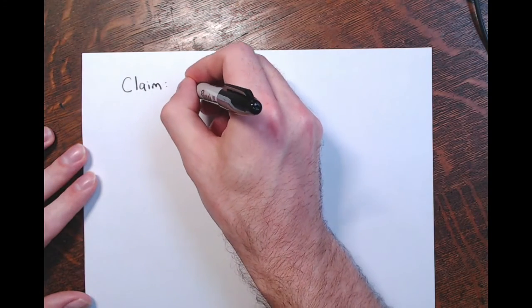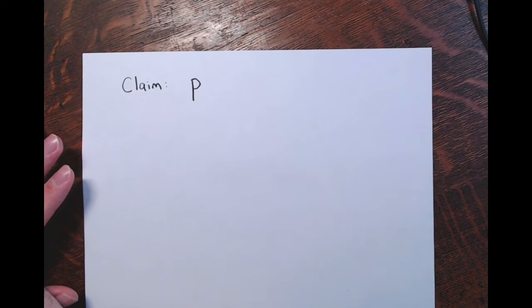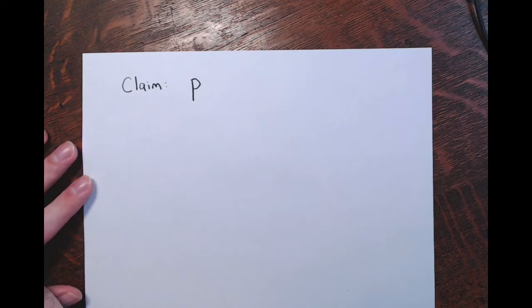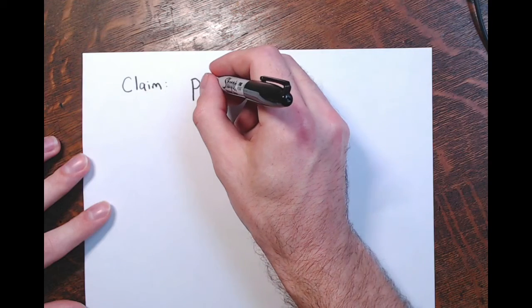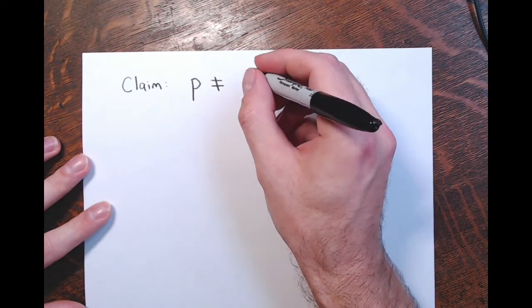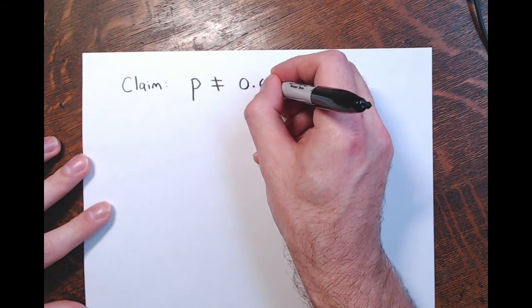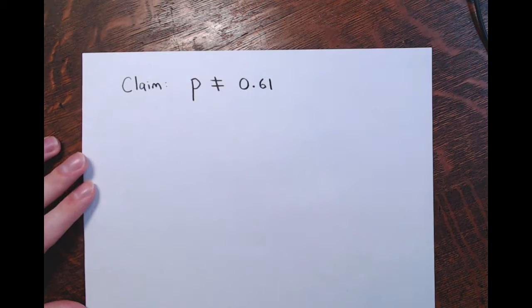I'll call that P, for proportion. So P represents the proportion of all companies that use JavaScript as their primary technology. The claim is that this proportion is different, not equal to 61%, so P is not equal to 0.61.